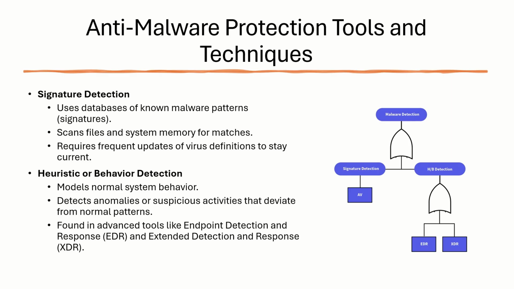for your exam. If you look at the diagram to my right, you would see that in terms of detection, you have the option of signature detection, where that is the category in which you have the antivirus, and you have the heuristic or behavioral detection, which is the category in which you have the endpoint detection and response, or you have the extended detection and response.